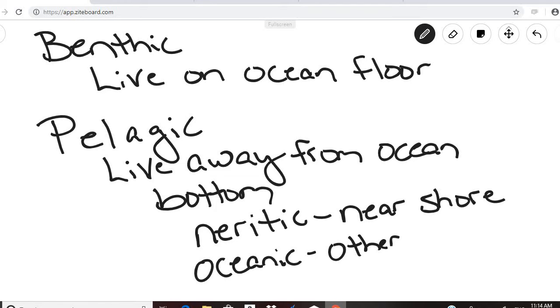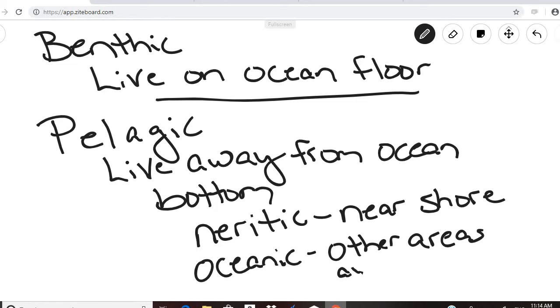So they're not bottom dwellers like these things that live on the ocean floor, but live in other areas away from the shore. Okay, that's neritic and oceanic.